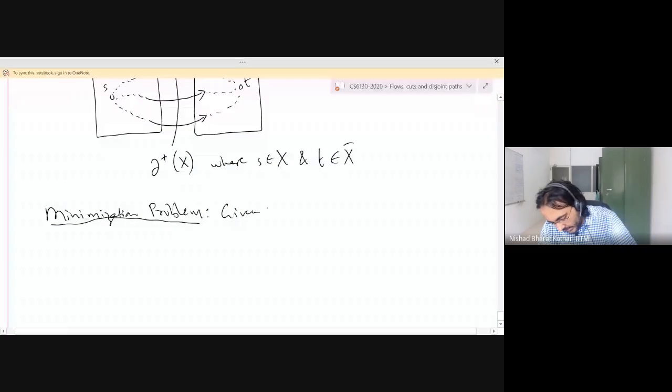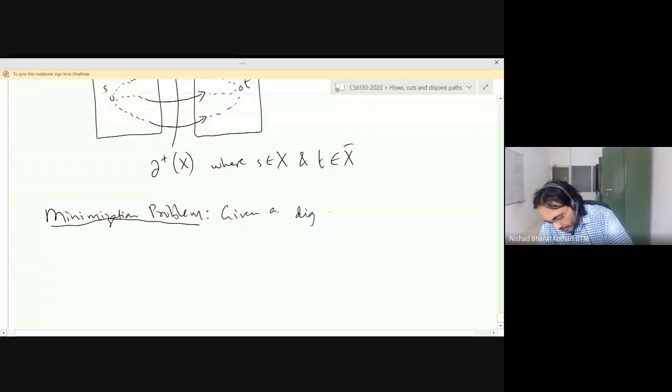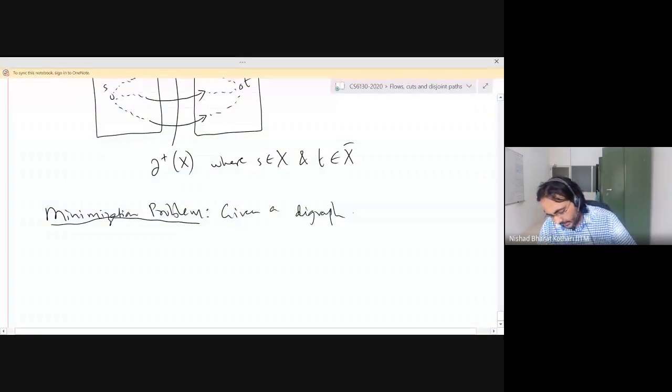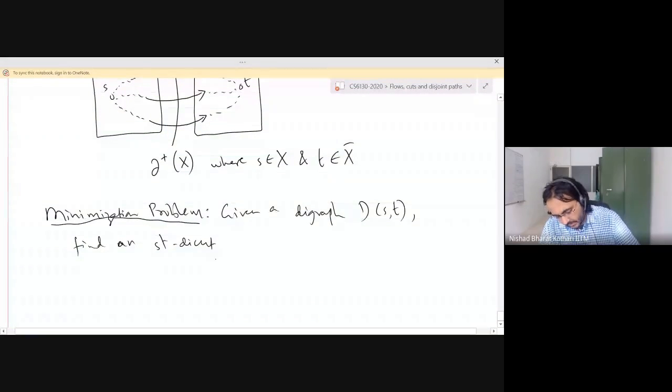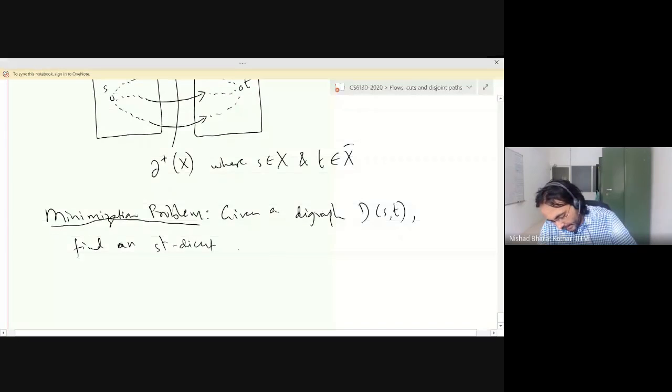Given a digraph D with specified vertices S and T, the source and the target, find an ST dicut of minimum cardinality. So now I need to define what this is.